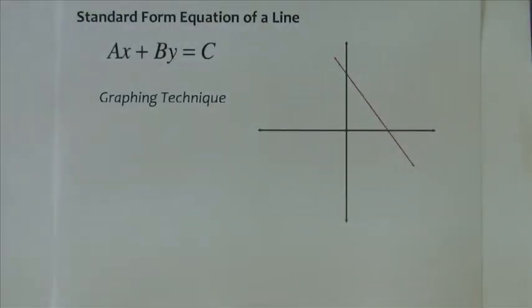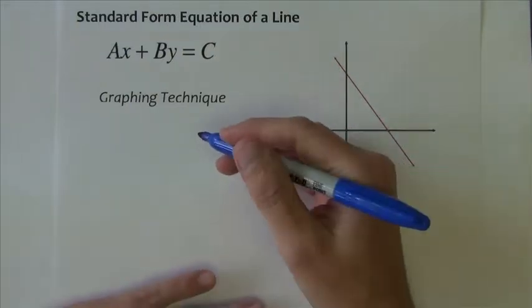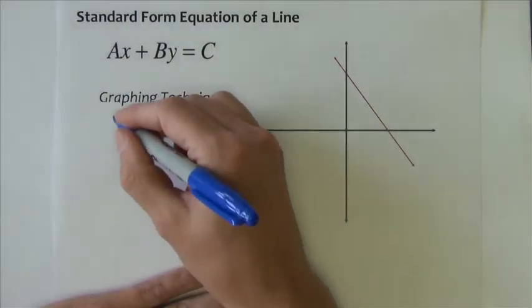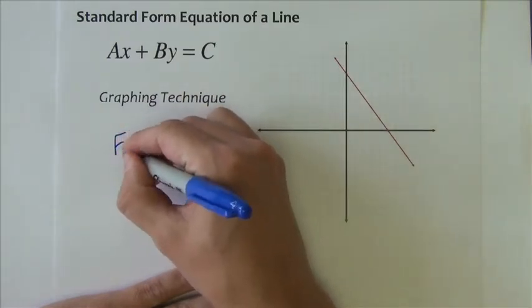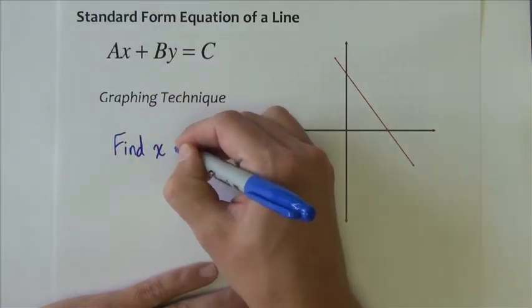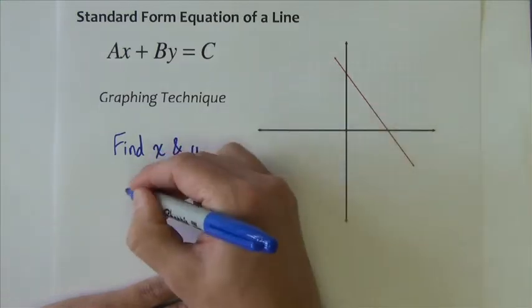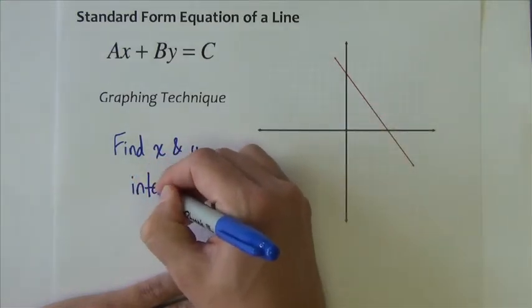Next, I want to look at a couple of different forms of equations of lines and how we can graph lines that are in that form. The first one is standard form. Standard form is ax plus by equals c, where the x and the y are on the same side of the equal sign. The graphing technique, maybe the easiest way to do this, is to find the x and y intercepts.